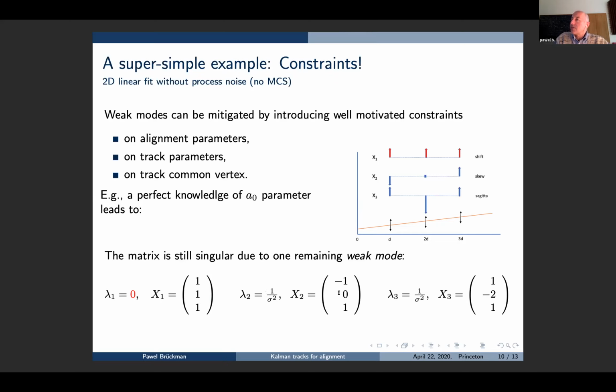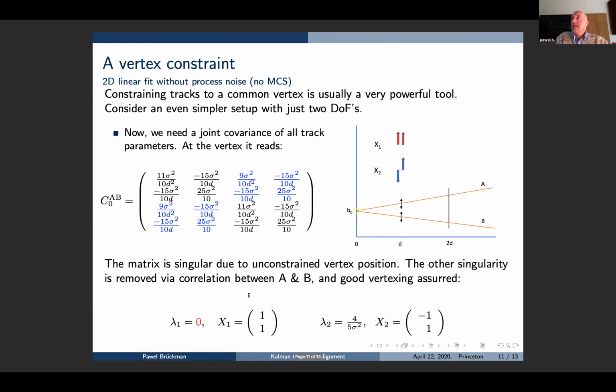However, the second one, which corresponds to the tilt of the straight line, is already well constrained, so it's the lambda 2. So this is just to see how the constraint nicely works.